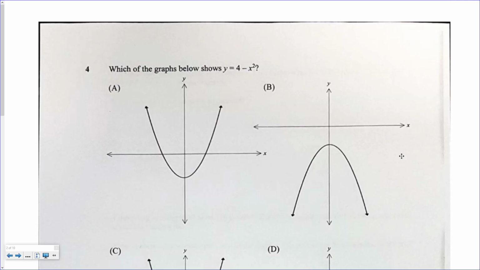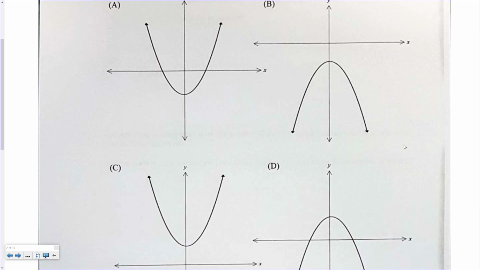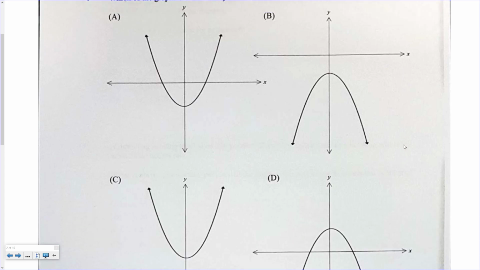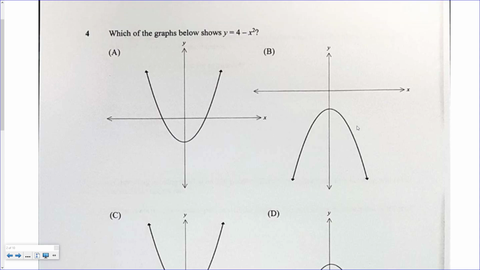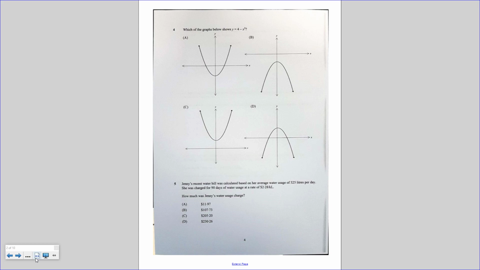We have, which one of these graphs below shows y equals 4 minus x squared. Now we can't really show it all on one page. Okay, this one. So, which of these graphs shows y equals 4 minus x squared? Well, straight away, we know it's a parabola because we've got the x squared, but that doesn't really help us in this particular question.